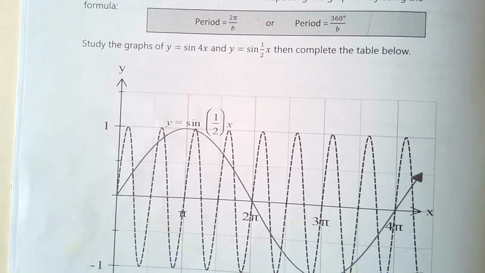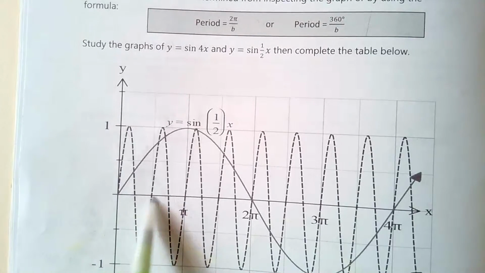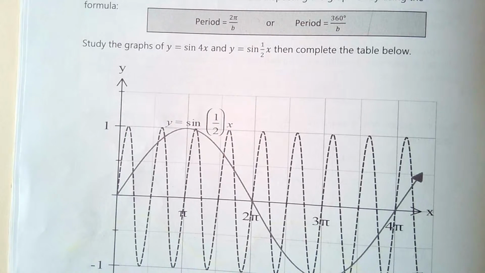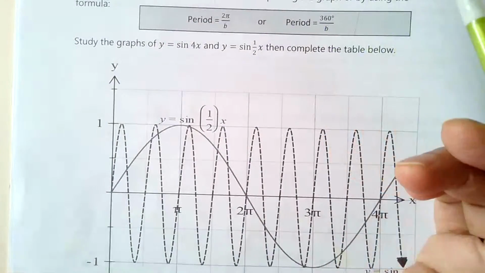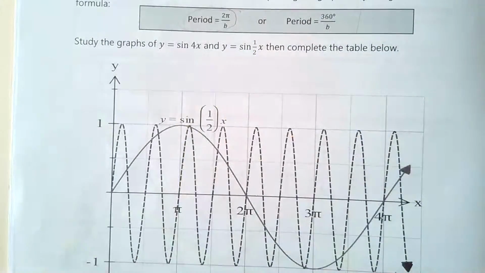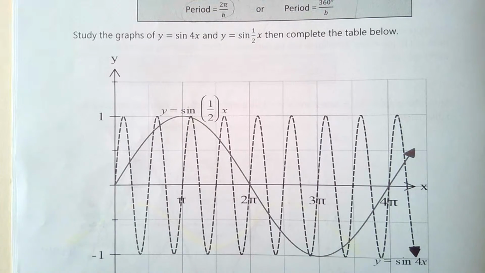You want to look at one cycle and look at the domain to find the length of that cycle. Now, there is a formula: period is 2 pi over b. And essentially, a period is normally a reference to how many cycles there are in a circle.